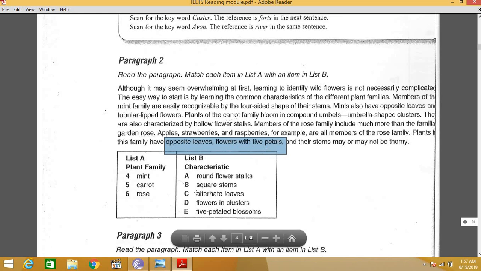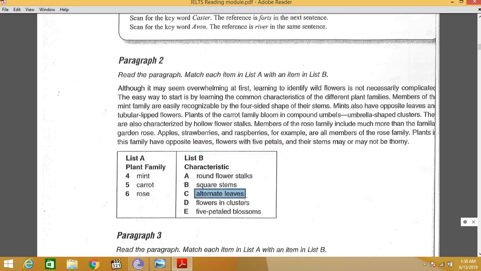Sometimes some candidates may misunderstand. Opposite leaves means alternative leaves. They are completely different. So the answer is not alternative leaves. Alternative leaves means the leaves are placed on the stem alternately, whereas stems with opposite leaves means the leaves are located opposite to each other.